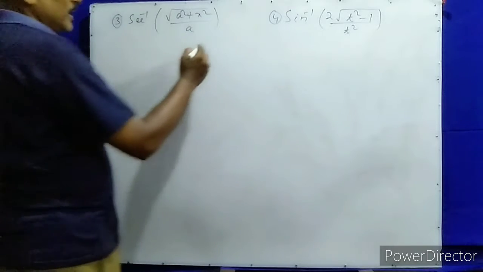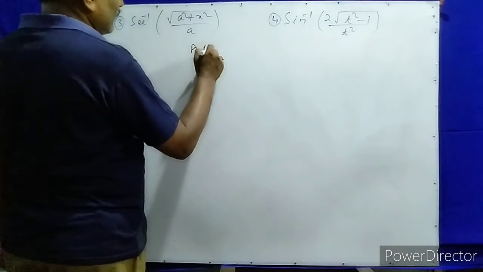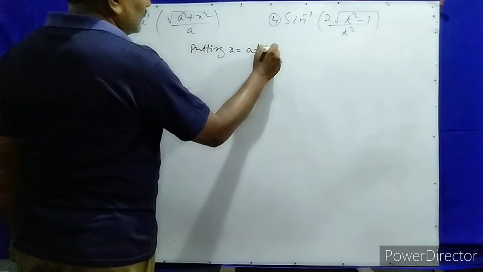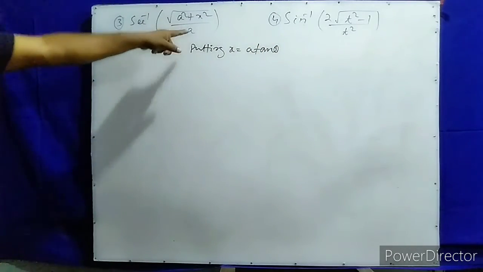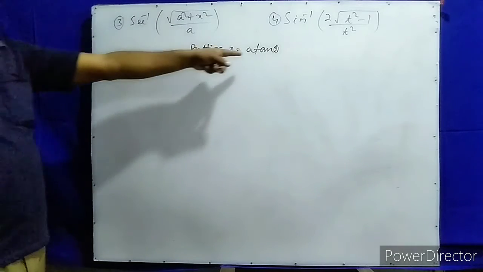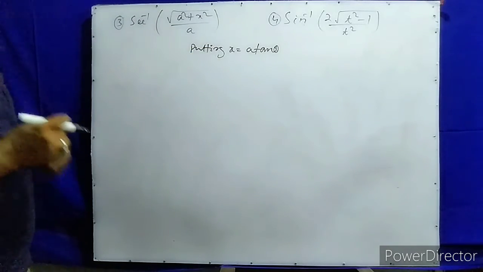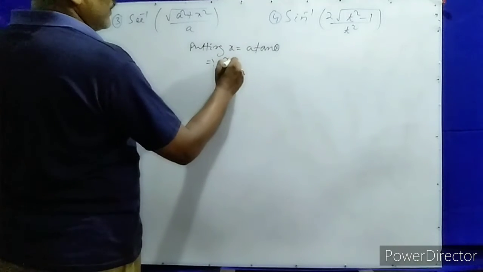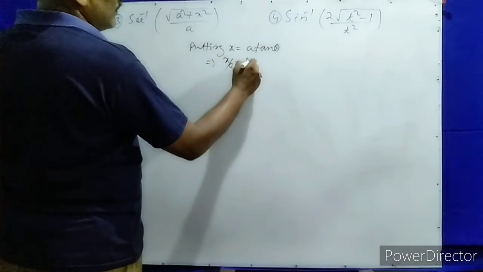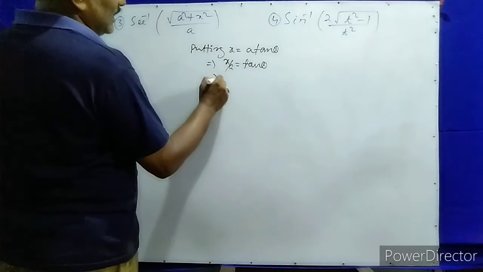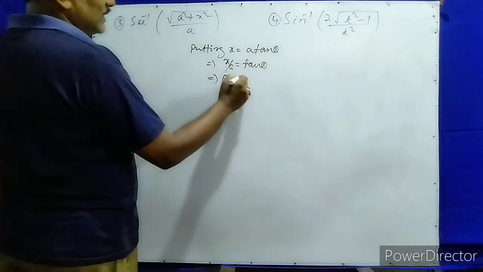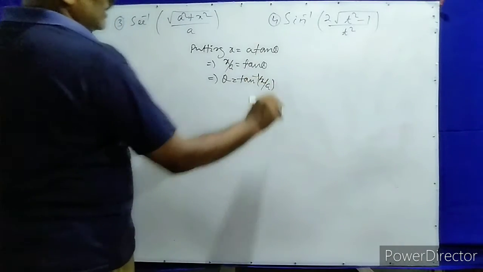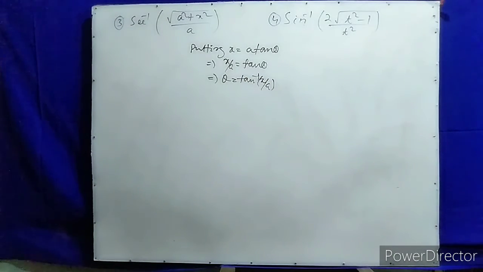So in this case you take x equal to a tan theta. If it is a, then you take a tan theta. If it is 1, then you take tan theta only. That is the difference. So first you write x by a equal to tan theta. Then theta equal to tan inverse x by a. Finally you put these values.